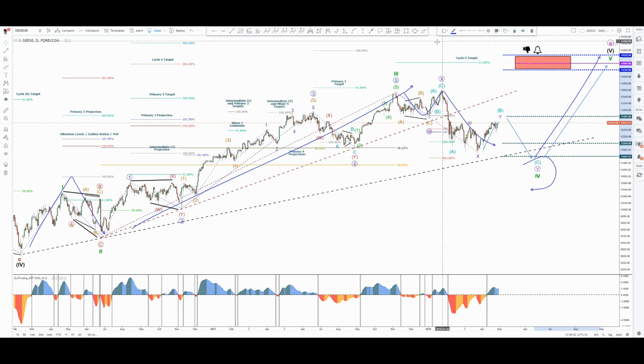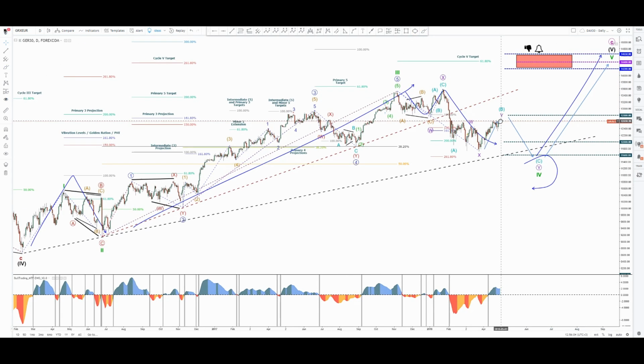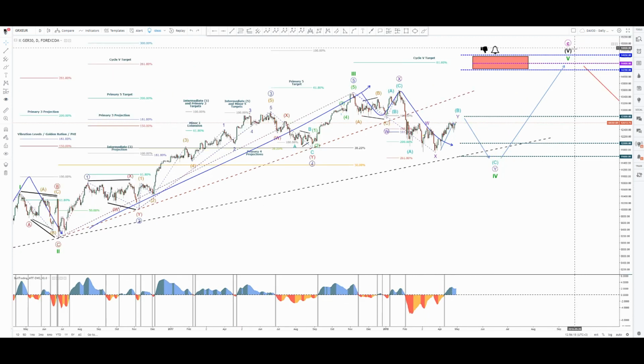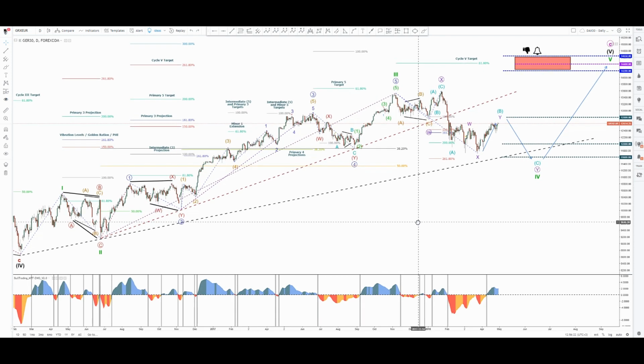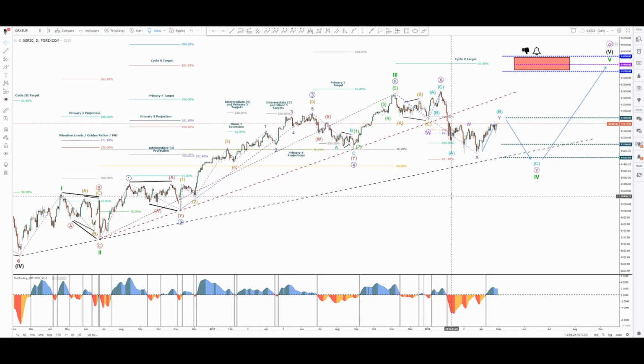If this turns out to be true, the move I'm possibly expecting, move on the downside, last leg on the upside, this would complete multiple degrees, which could translate into the cycle ending and possible bear market coming up. So we'll see. But DAX is one of my favorites.